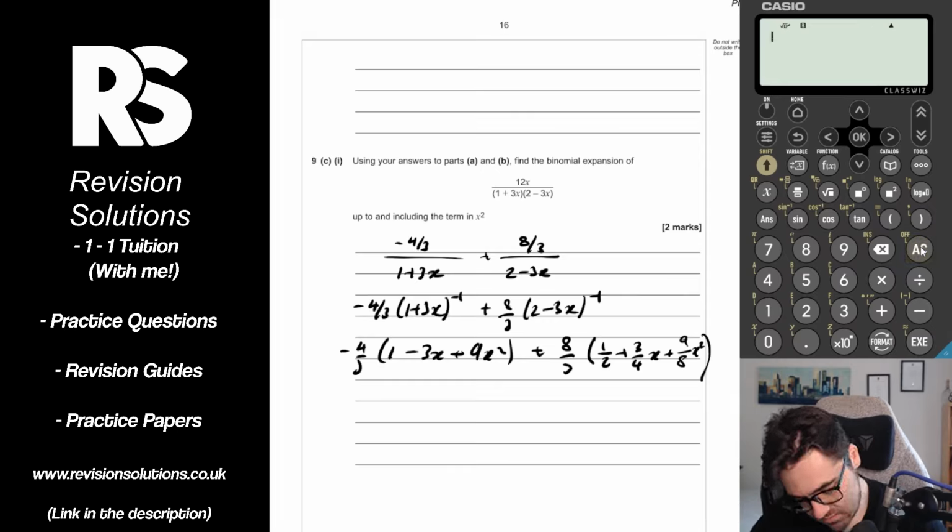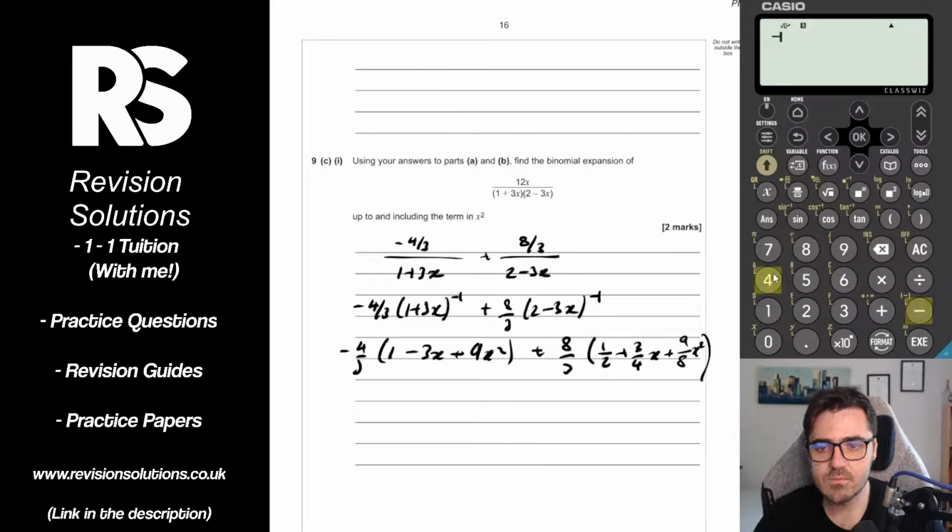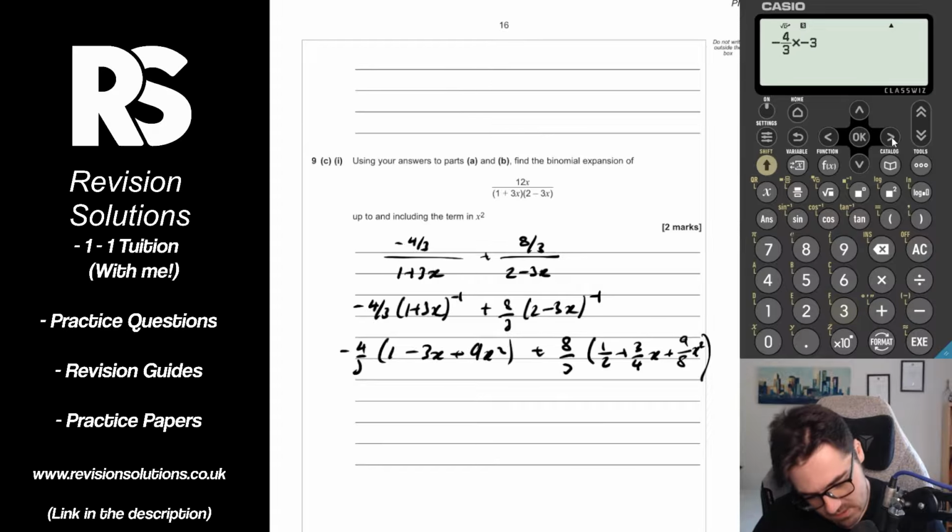Then the x terms, we've got minus 4/3 times minus 3. And then we were adding 8/3 times 3/4. So that's going to give us a 6x for the x term.